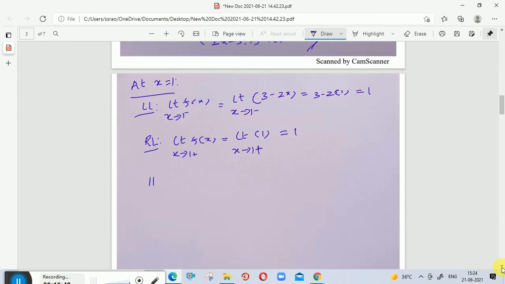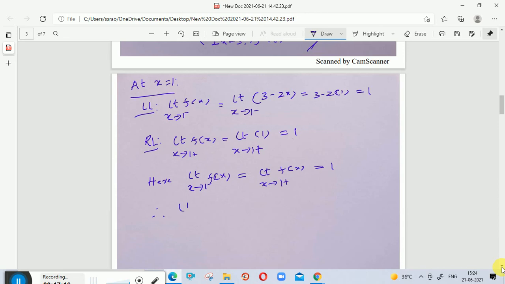Here we have left limit, limit of f of x as x tends to 1 minus is equal to limit x tends to 1 plus f of x. That is equal to 1.